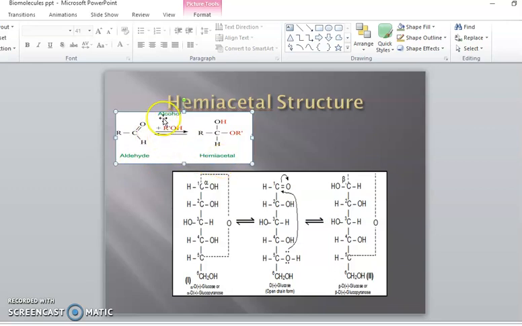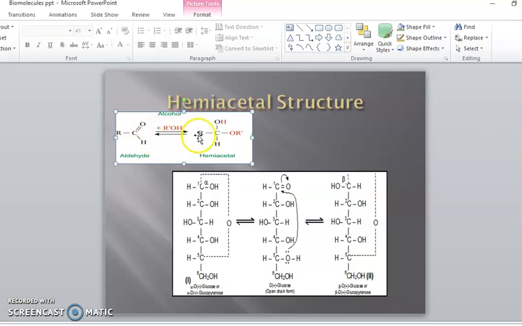This alcohol will be added to this carbon. The C double bond O is shifted over to the oxygen, the hydrogen is added to it so it becomes C single bond OH, and the OR' is added to this carbon.